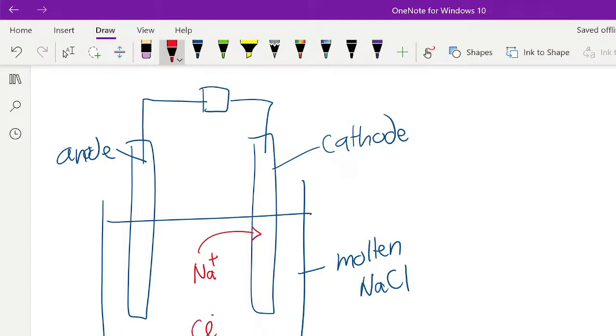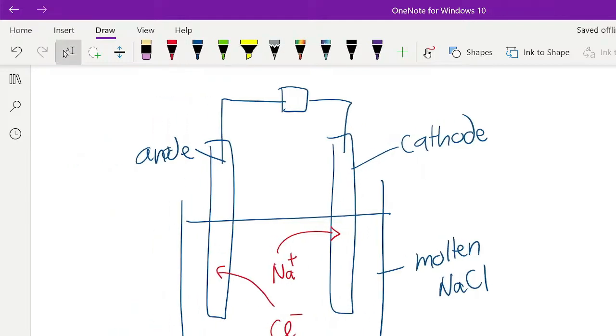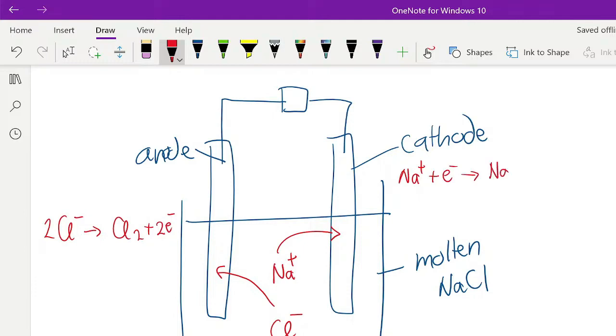Chloride is negative ion, so it's called anion, so it's attracted to anode. Now what happens on the cathode and anode? On the anode we have chloride getting oxidized to chlorine, releasing 2 electrons. Whereas on cathode, we have sodium ion getting reduced to sodium metal.